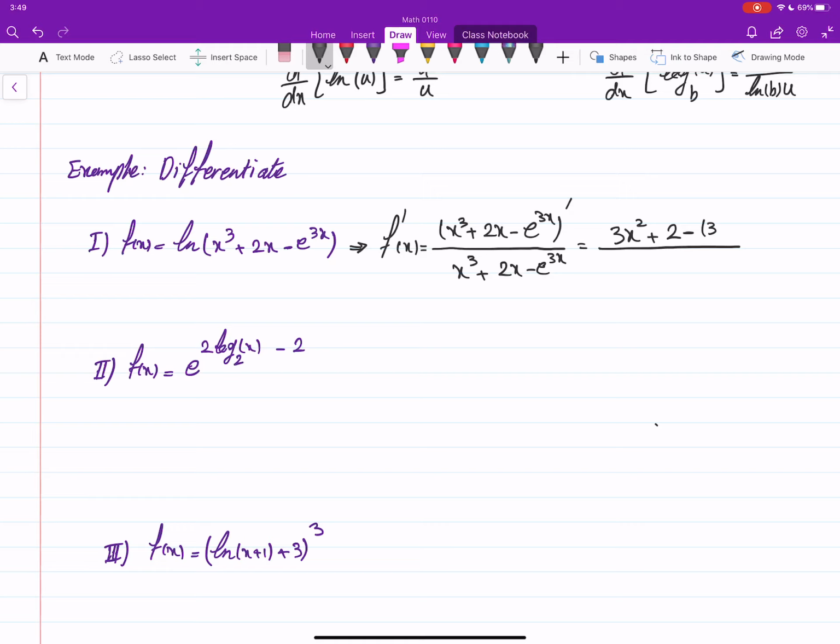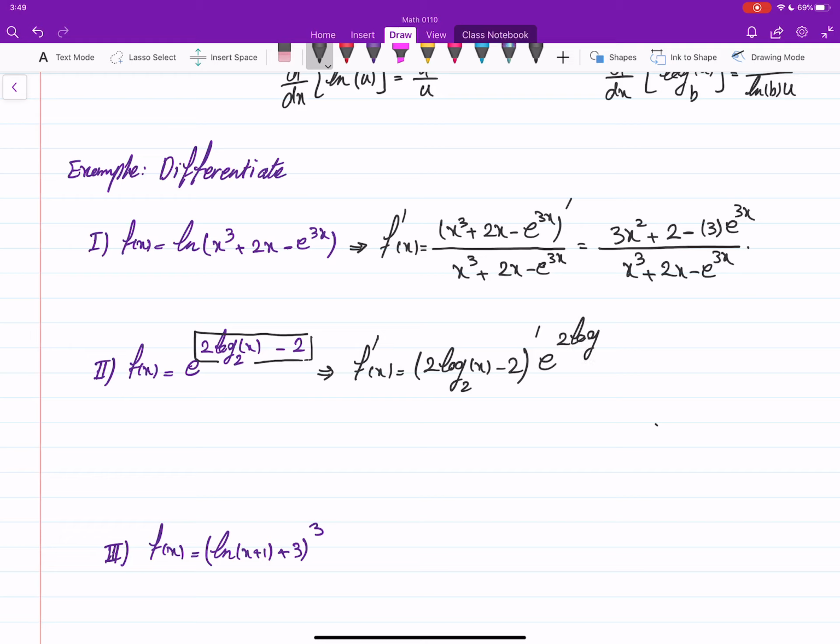In this case it is 3 e to the power 3x, over x cubed plus 2x minus e to the power 3x. Derivative of, again, e to the power something is the derivative of that something times e to the power the same function.